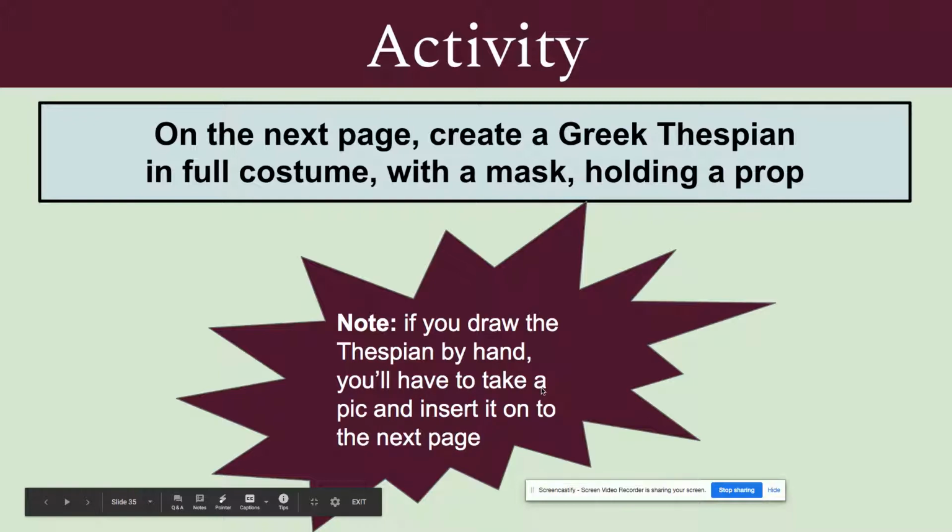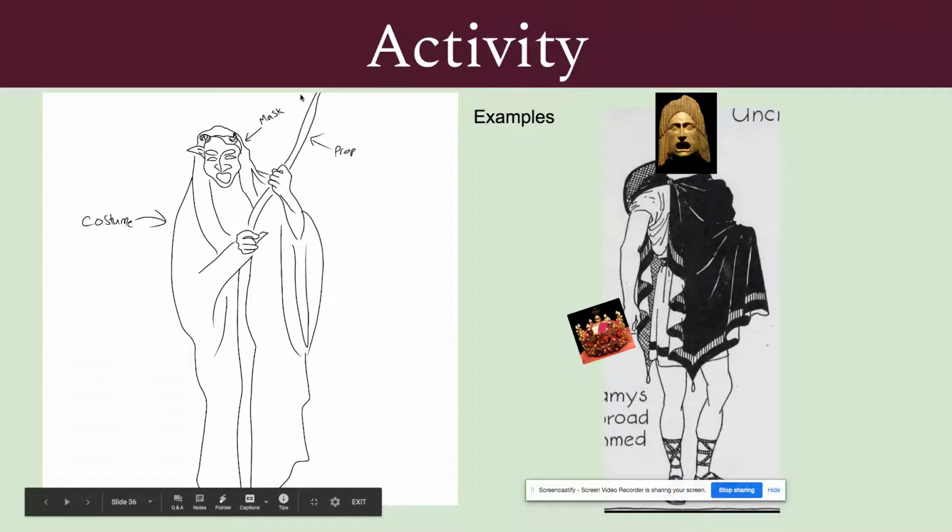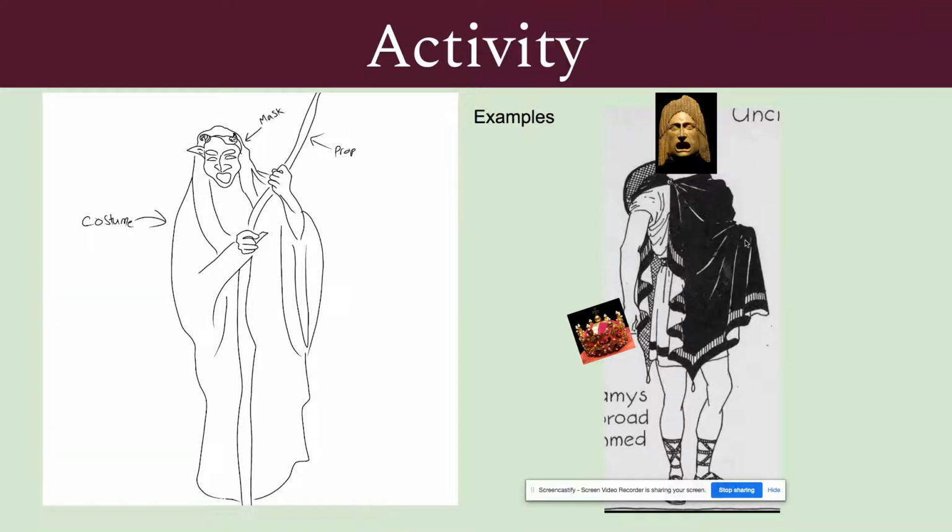I do have a couple of examples, depending on how you want to do that. This would be an example of drawing a picture by hand, taking a picture of that, uploading it to your Google Drive, and then attaching that to this slide here. You can see this person here.